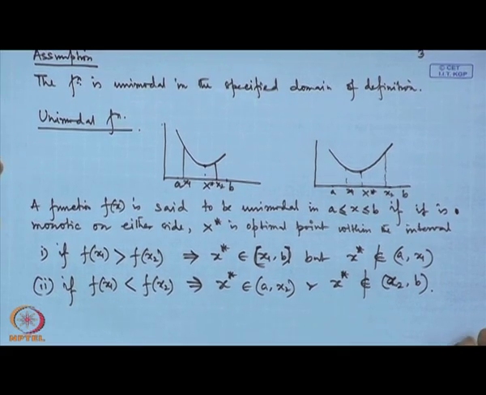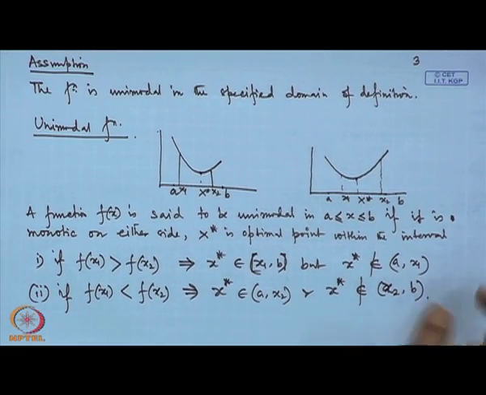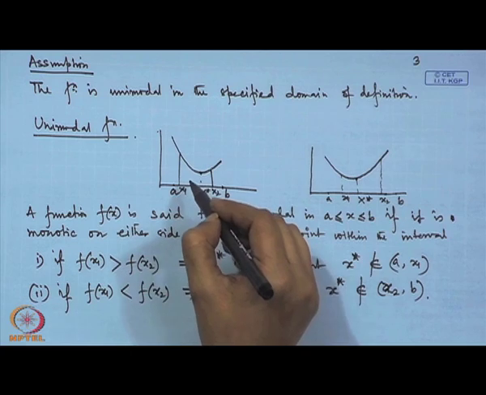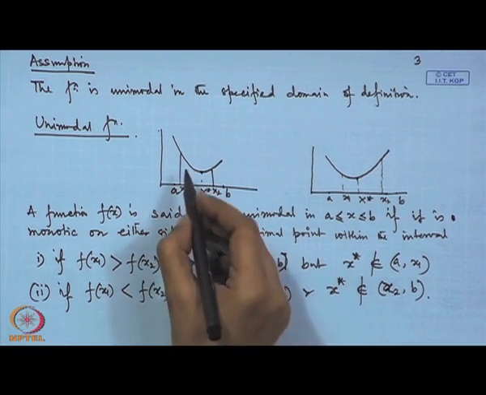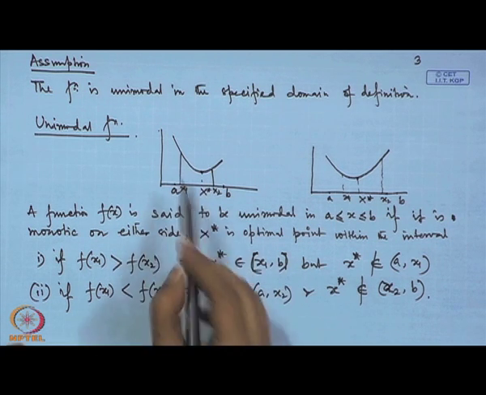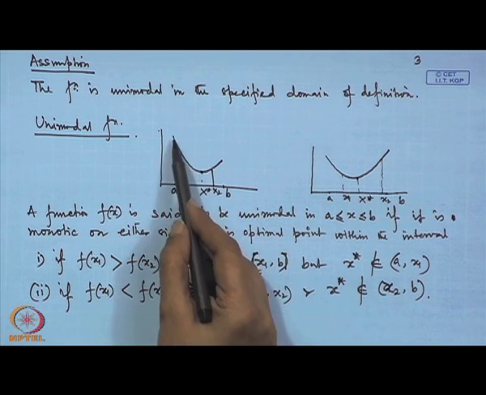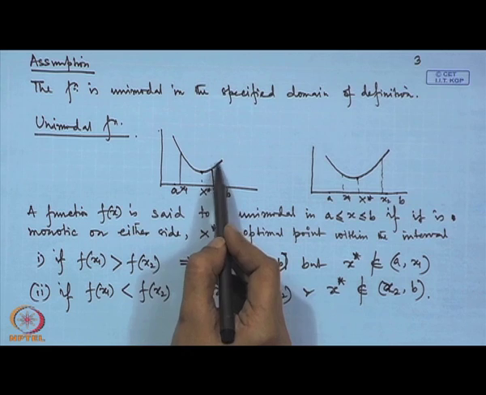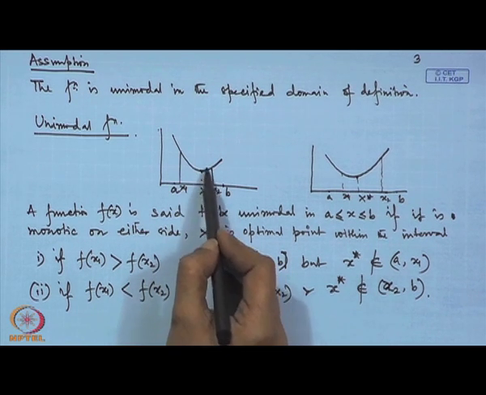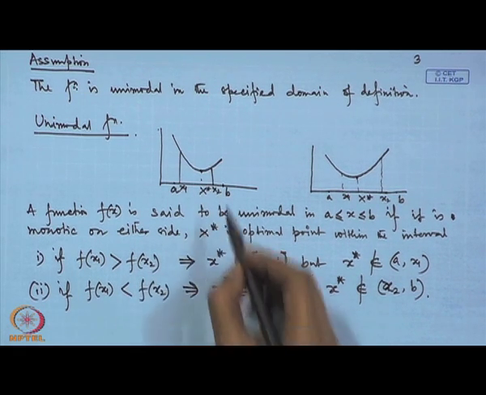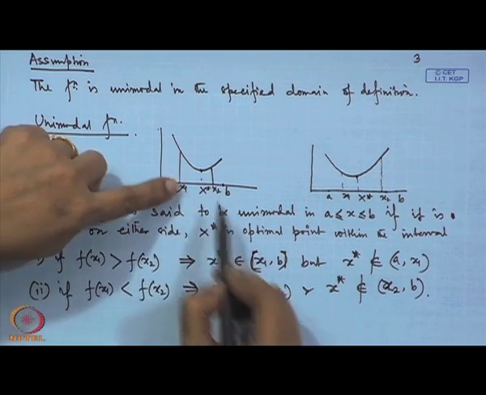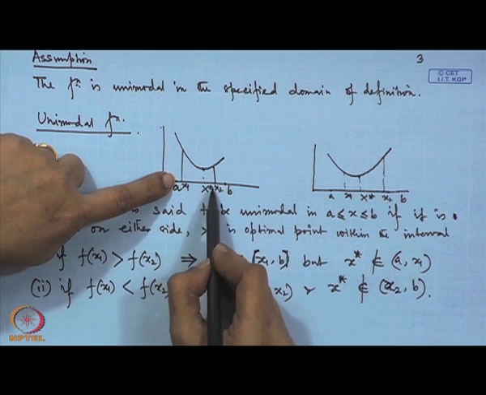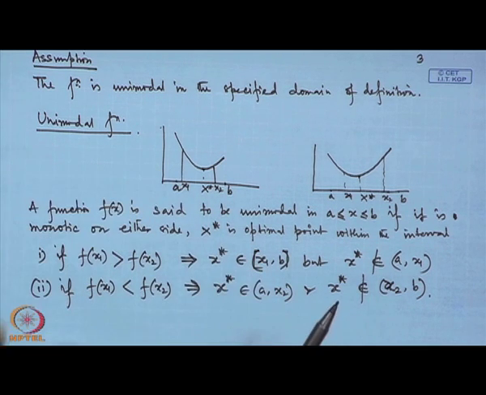This is the condition for the unimodality. That is why, because the function is having only a single optimal point in this region and is monotonic on either side. If I just move from here to here, this is decreasing, this is increasing. If f(x1) is greater than f(x2), then the optimal solution will be in the part from x1 to b, it can't be from a to x1.